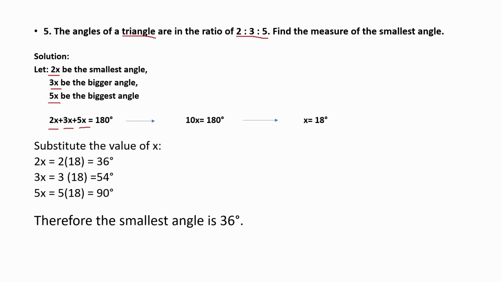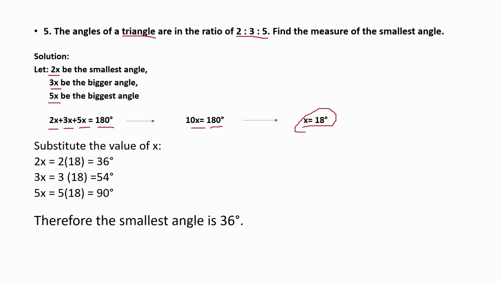We'll add the three angles, and their sum will be 180 degrees because we are referring to the angles of a triangle. So 2x plus 3x plus 5x, we have 10x is equal to 180. Then divide both sides by 10, so therefore our x is equal to 18.